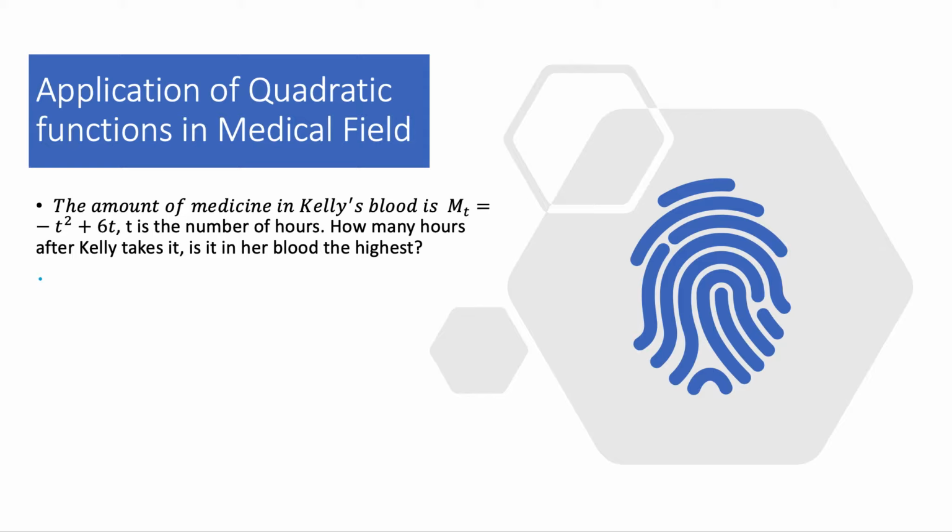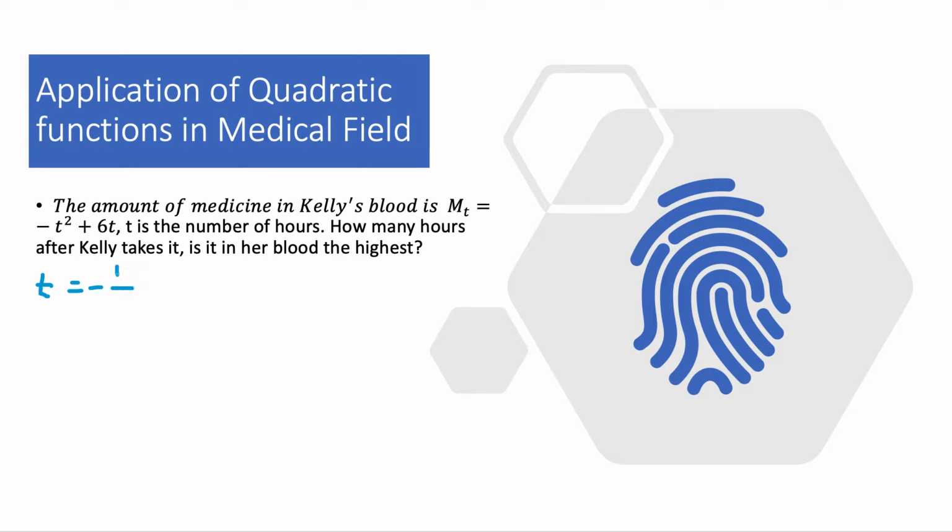To find the vertex of a quadratic function, we find that x is equal to minus b over 2a. But now, instead of x, we take t, which is equal to minus b over 2a.